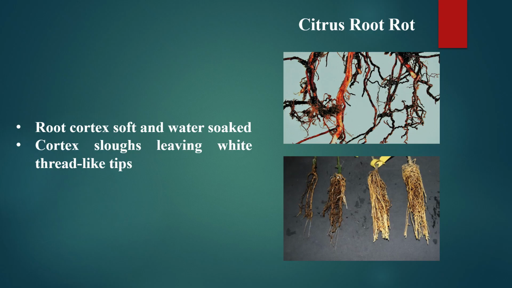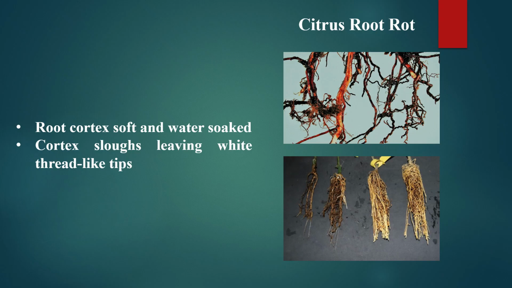After the infection, the tree will have a problem because it will not be able to absorb water or nutriment, leading to symptoms such as leaf yellowing, wilting, and overall decline in vigor.